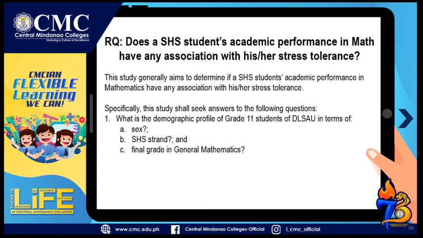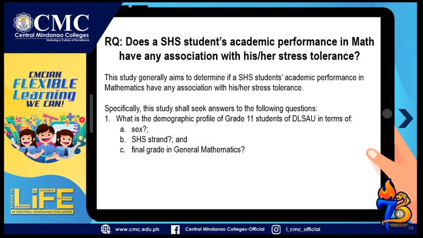Specifically, this study shall seek answers to the following questions. Pwede ka rin maghanap ng demographic profile. Okay din yun. So, first question, what is the demographic profile of the grade 11 students of De La Salle? Siyempre, una, babae o lalaki.